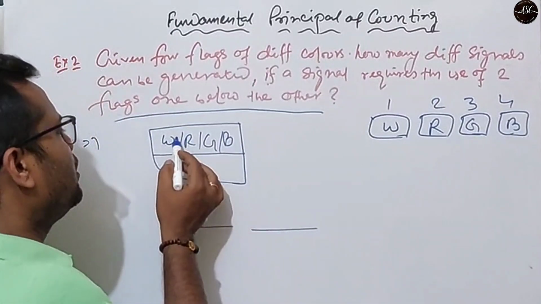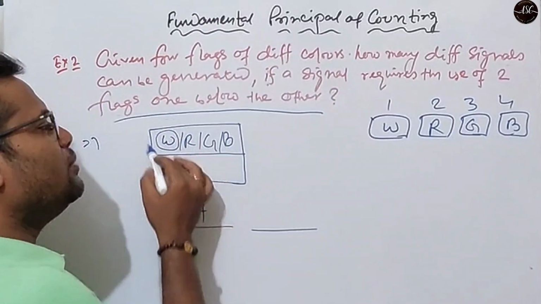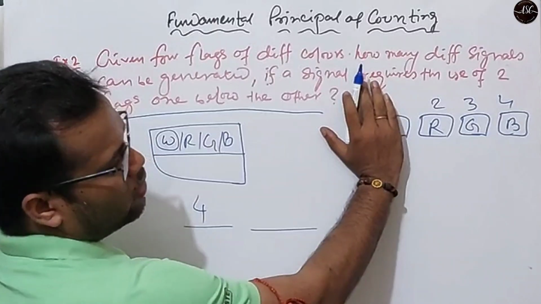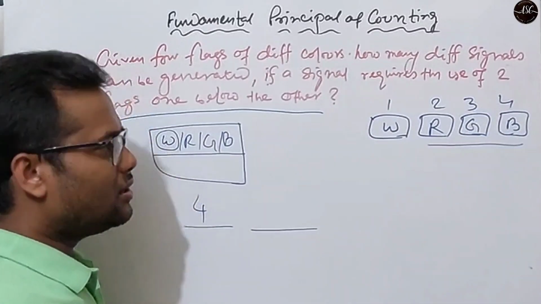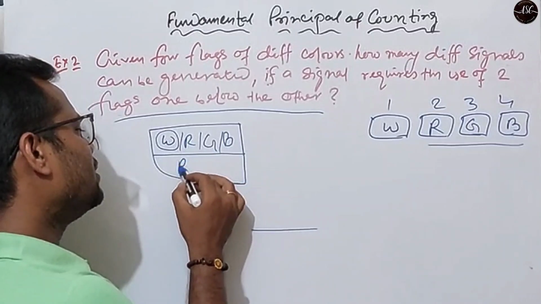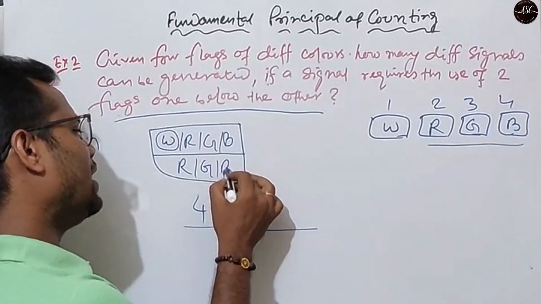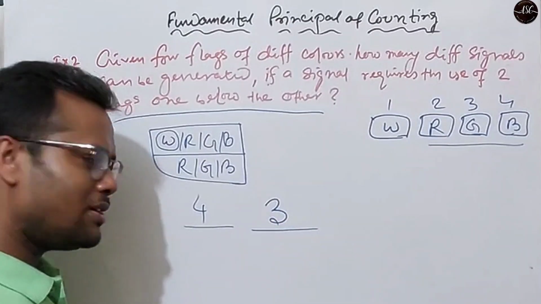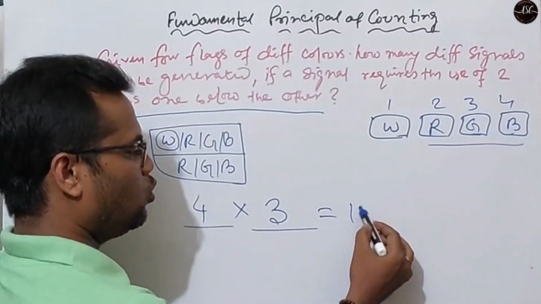If we use white, there is no white left, so there are only 3 flags: red, green, and black. So there are only 3 possible ways. Multiplying this, we get 12.